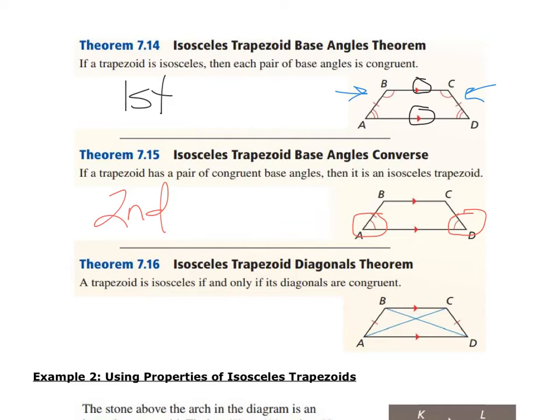And then the last thing was that if I have an isosceles trapezoid, not every trapezoid, but if it's isosceles, then my diagonals are congruent. And you can see in this diagram, just a quick review, that AC, that diagonal, is congruent to BD because this is isosceles. It has to be an isosceles trapezoid for the diagonals to be congruent. If it's any other trapezoid, then that wouldn't hold true.